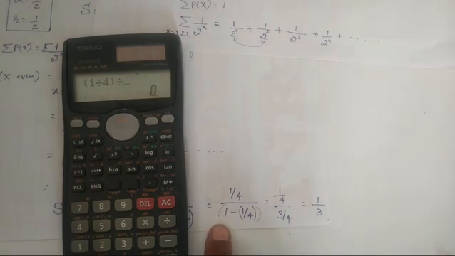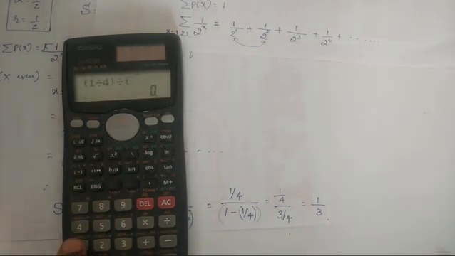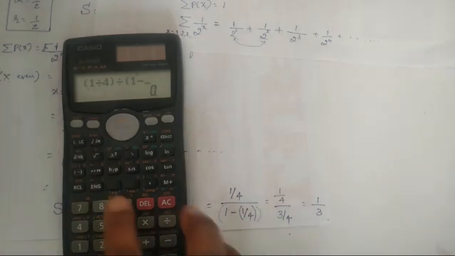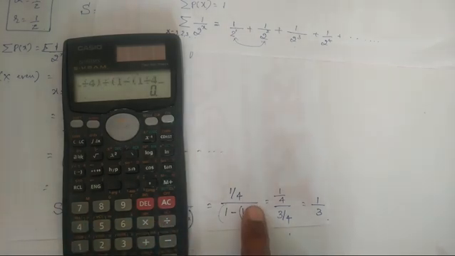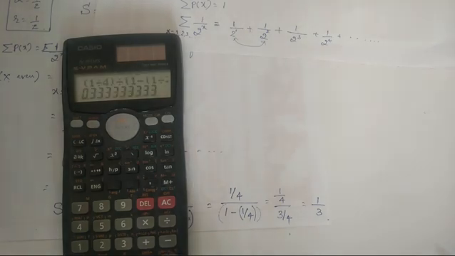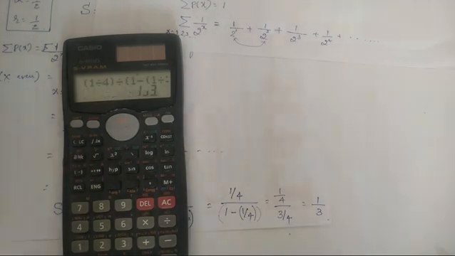Divided by, first I have to open one bracket, 1 minus, again open one bracket, 1 divided by 4, done, close the bracket, and close one more bracket, which is equal to 0.33. I am getting this. Press the A, B by C button, which is equal to 1 by 3. Fine.